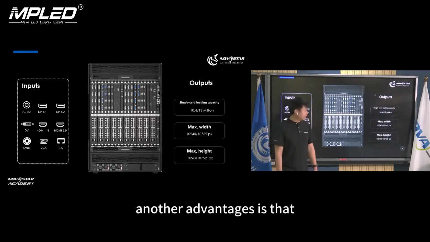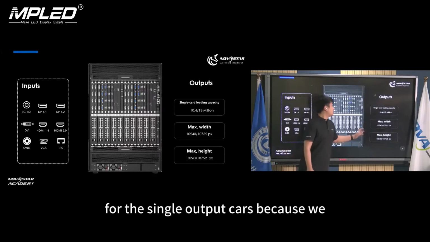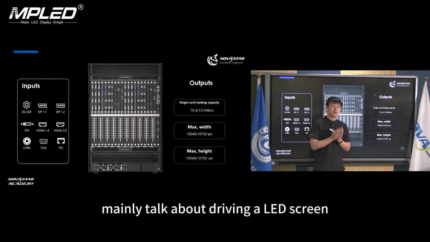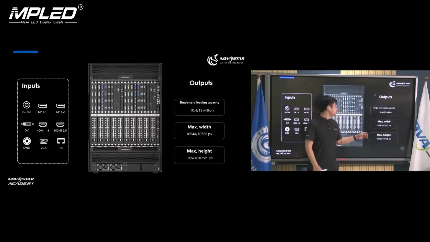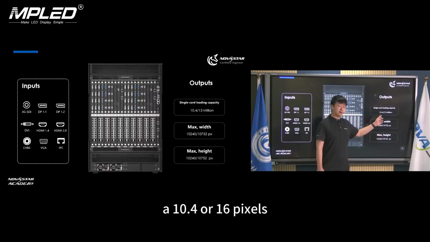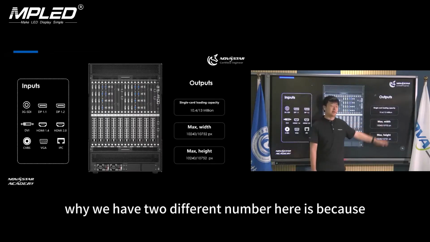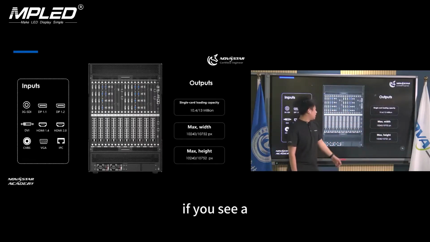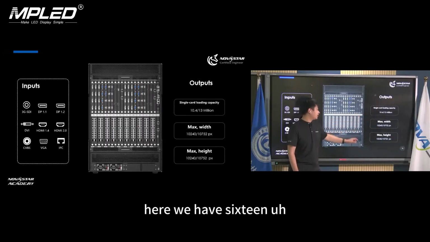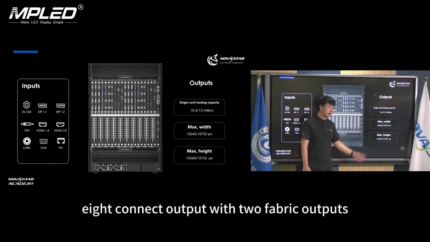And another advantage is that for the single output cards, because we mainly talk about driving an LED screen, each sending card loading capacity here is 10.4 or 16 million pixels. Why we have two different numbers here is because if you see right here with this kind of output card, we have 16 Ethernet outputs with 2 fiber outputs.